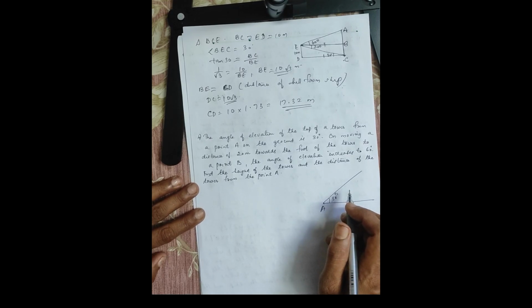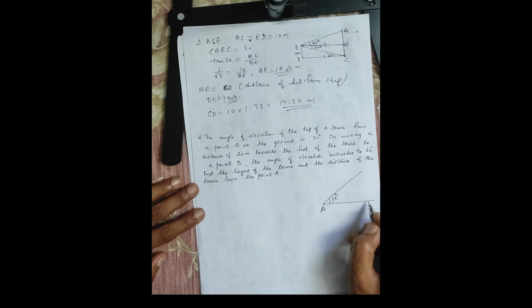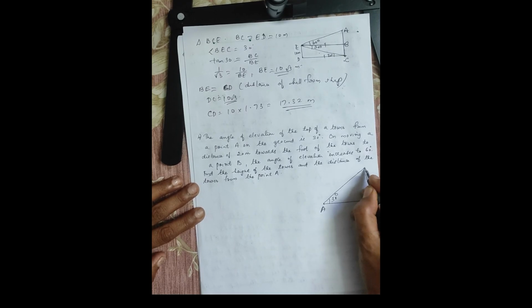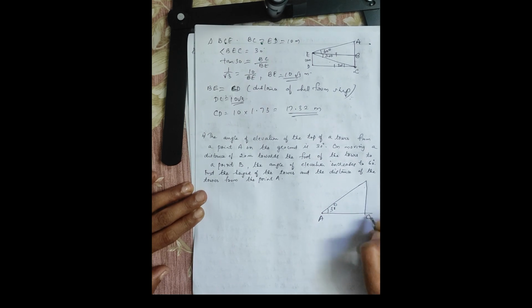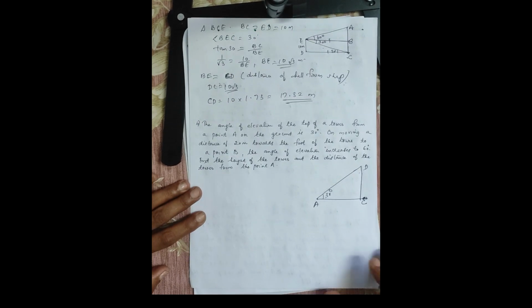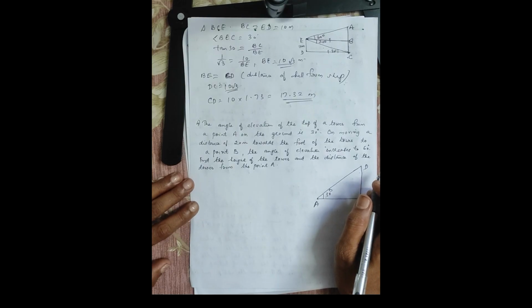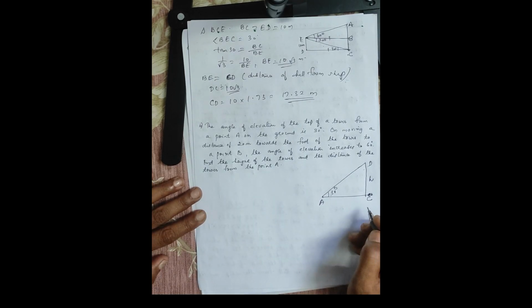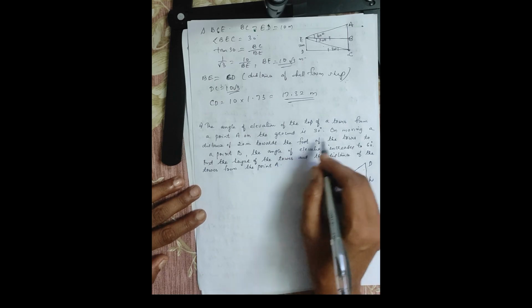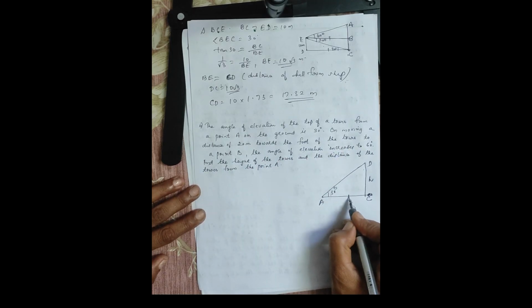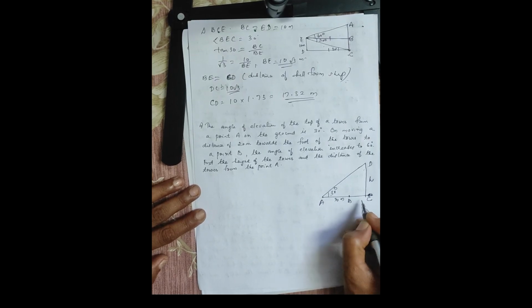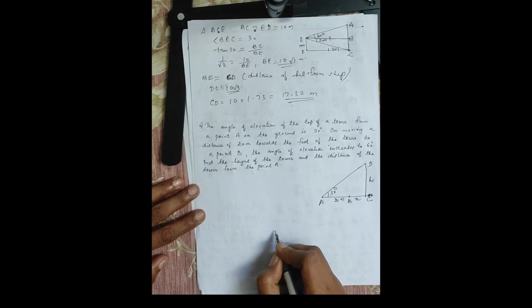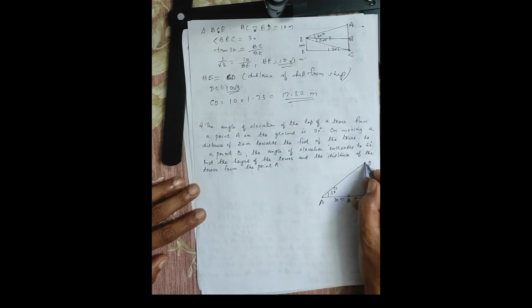So let this be C, and if I write D, so let height CD is the height of the tower, and that is H, and distance BC on moving a distance of 20 meters towards the foot of a tower to a point B. This is 20 meters, and this angle you should get it 60 degree.